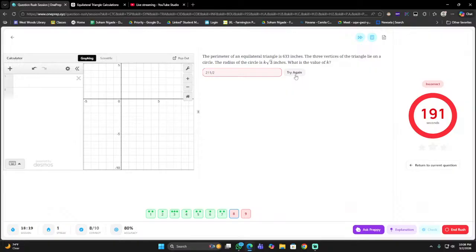Bro, it's 2 and 1 over 3. I mistyped it. I knew how to do it. Perimeter of equilateral triangle is 6√3 inches. The three vertices of the triangle lie on the circle. The radius of the circle is k over 3. The triangle is inscribed in this.